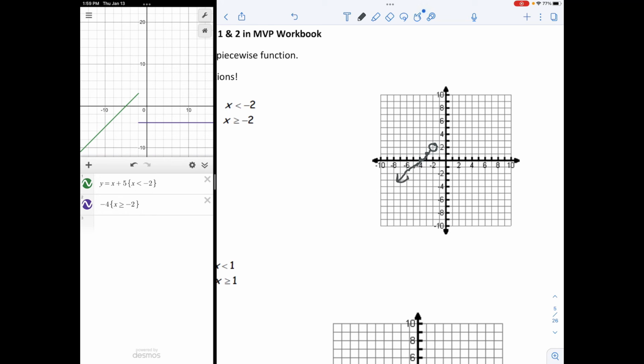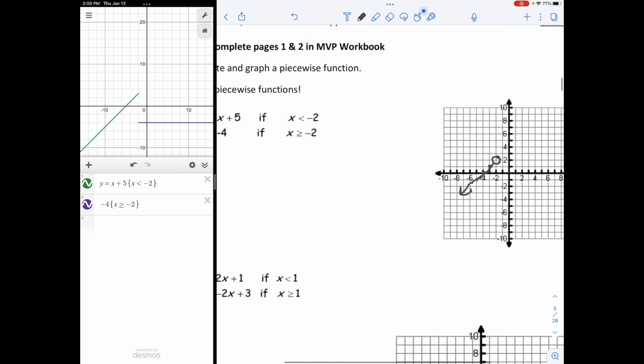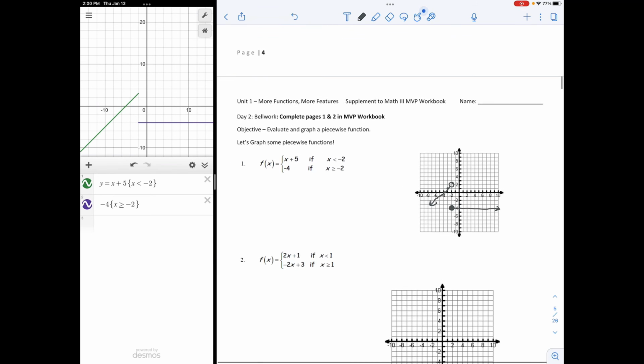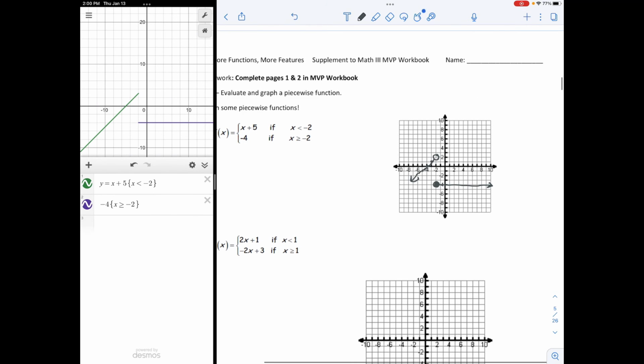And it looks like this. And then the -4 would start also at -2. This time it would be a closed circle because it's greater than or equal to -2, and then I go this way. Okay? So we're going to use Desmos to see the basic shape of it, and then we're going to graph it on our paper using what we know about slopes.